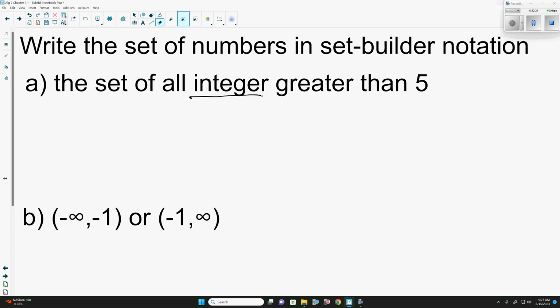Because it told us that we're talking about integers. We're not talking about just the real numbers. We're specifically talking about integers. So this tells us what kind of numbers we're using. We are using the integers, which means we're not talking about fractions. We're not talking about irrational numbers. We're specifically talking about integers. And what do they tell us about these numbers? What are they going to be? Greater than 5.